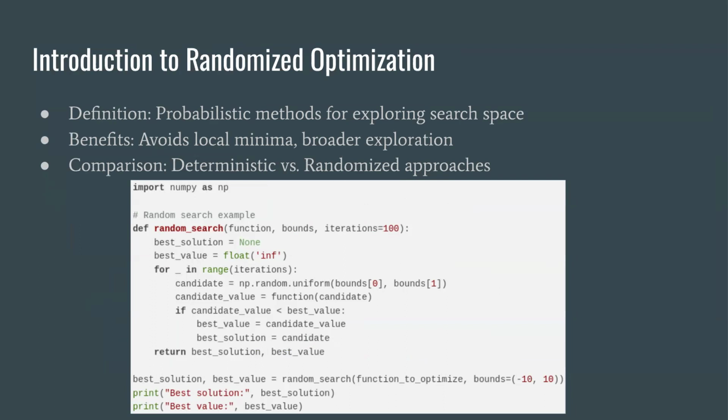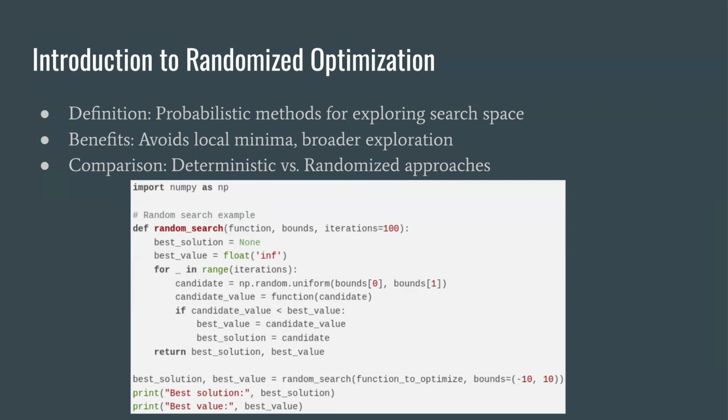Introduction to randomized optimization. So randomized optimization methods, unlike traditional optimization methods, introduce probabilistic elements into the optimization process. We said that deterministic methods follow a set path based on gradients.